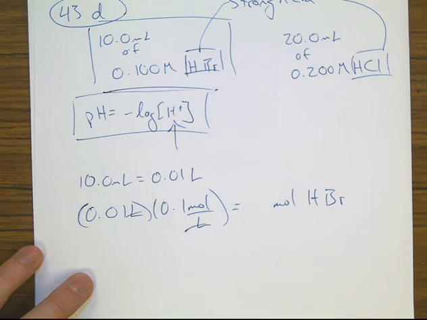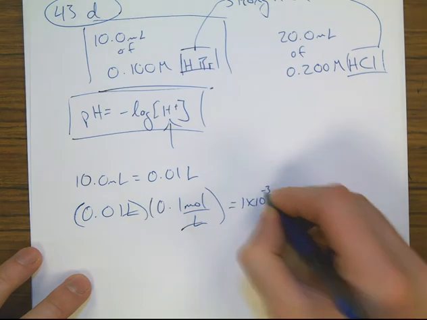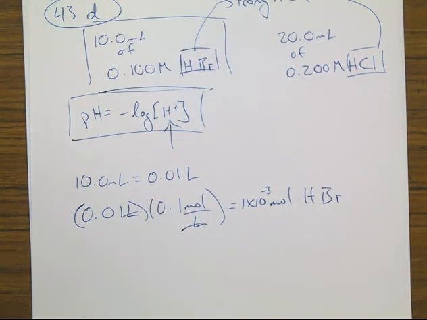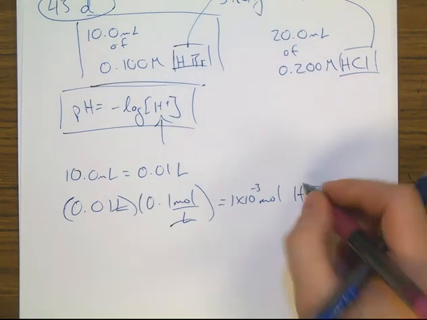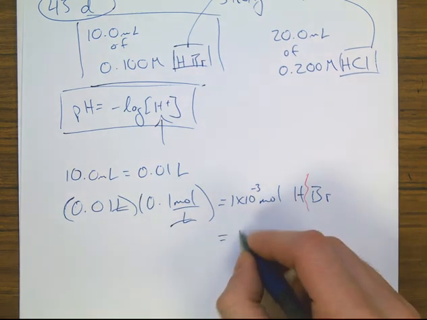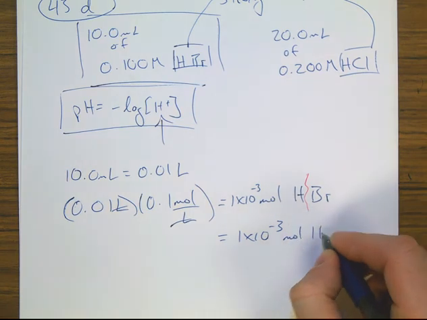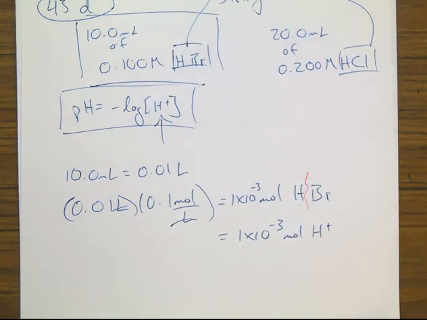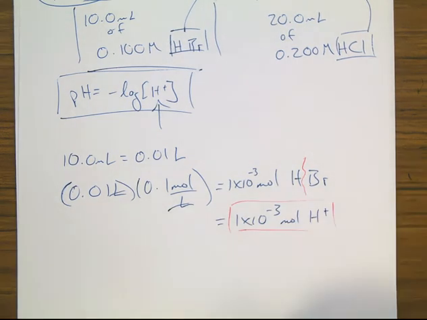So 0.01 times 0.1, you do the math and you end up with 1 times 10 to the -3 moles of HBr. Now, I have to remember that this completely ionizes. Since it fully ionizes, the amount of moles of HBr I have is the same as the moles of hydrogen ions for that first solution. Okay? So I'm going to put a box around that because I need to remember that. So that's just for the first solution.